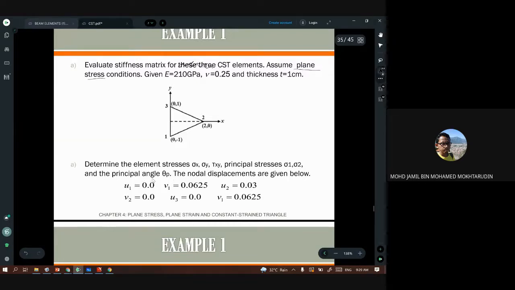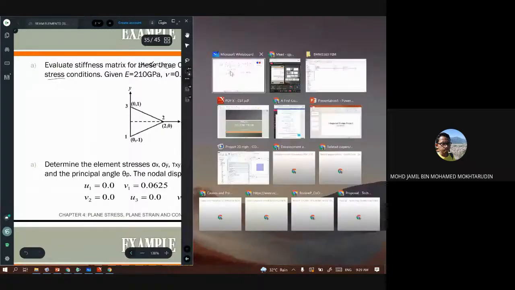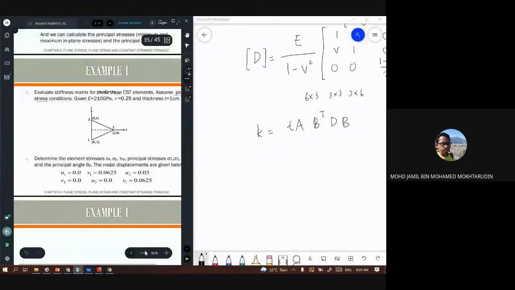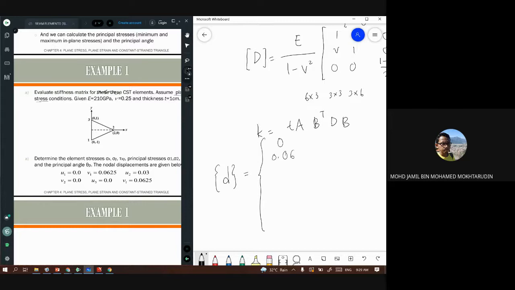The nodal displacements are given here. So let's jot down the nodal displacements first. The nodal displacement equals 0, 0.0625, 0.03, 0.0625.